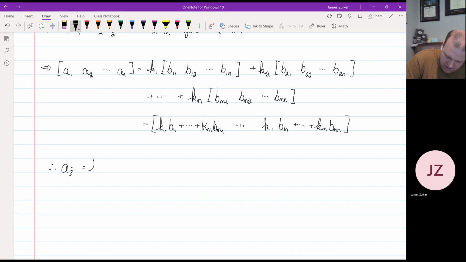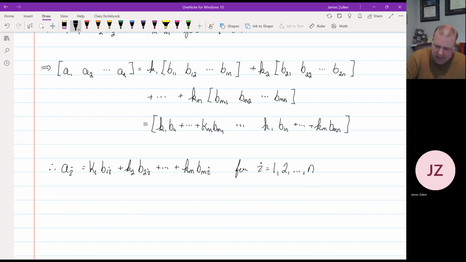So we get that a_i is k1 B1i plus k2 B2i plus so on and so forth plus km Bmi, for i equal to 1, 2, up to n, as desired.